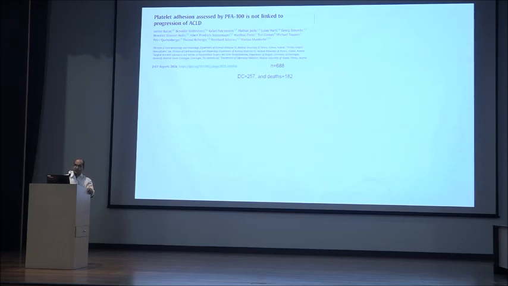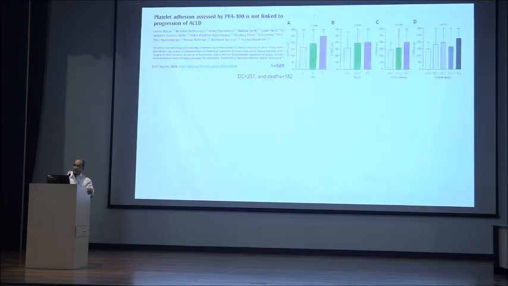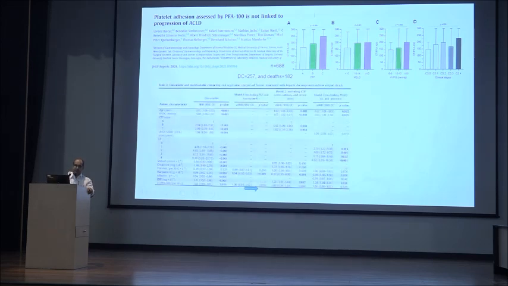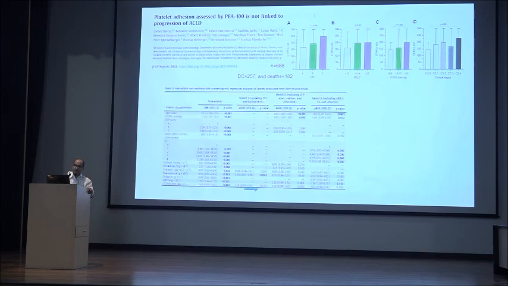The similar group again studied platelet aggregation by the PFA-100, and they took 700 odd patients. They found that the closure time, that is the platelet dysfunction basically, increases with the CTP, with the MELD, and with the portal hypertension, but it is not related to hepatic decompensation, or it is not a predictor of hepatic decompensation or liver-related mortality.